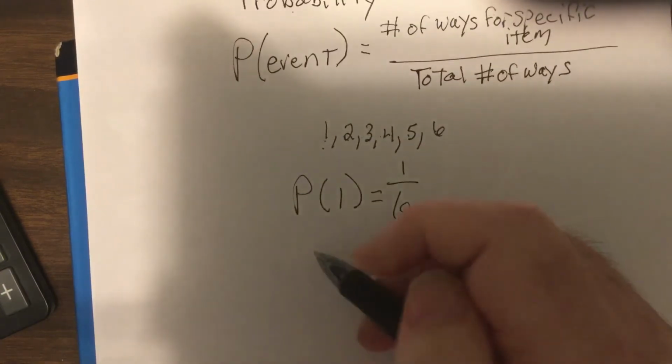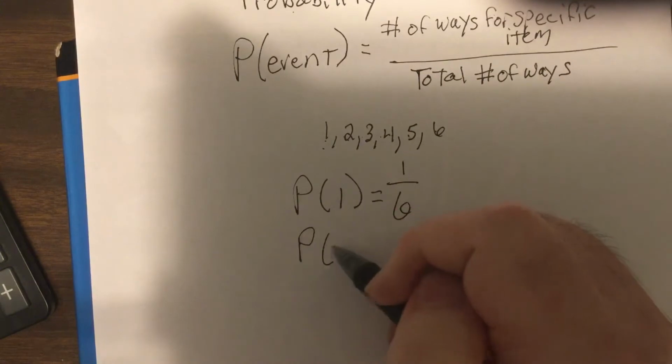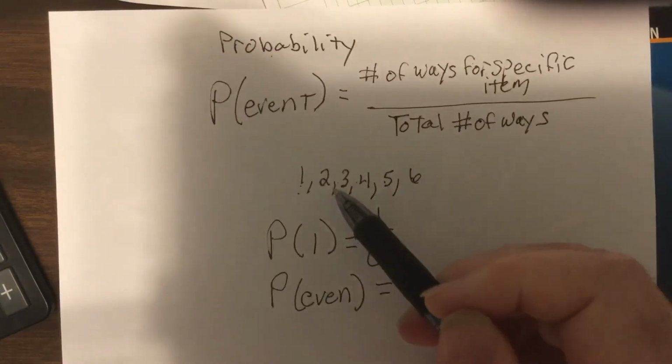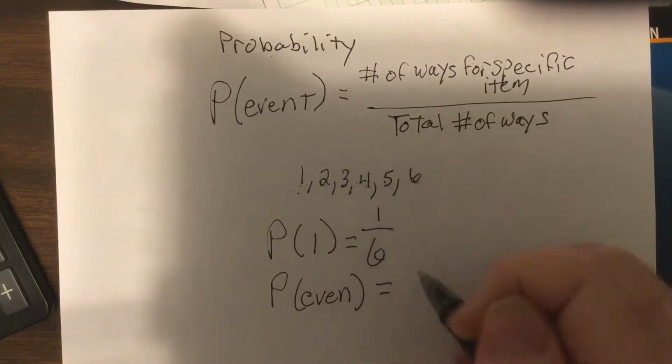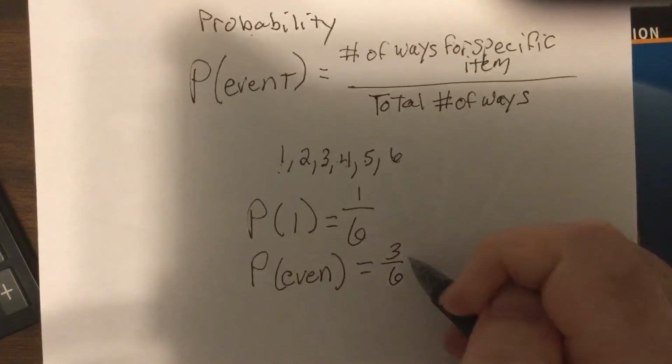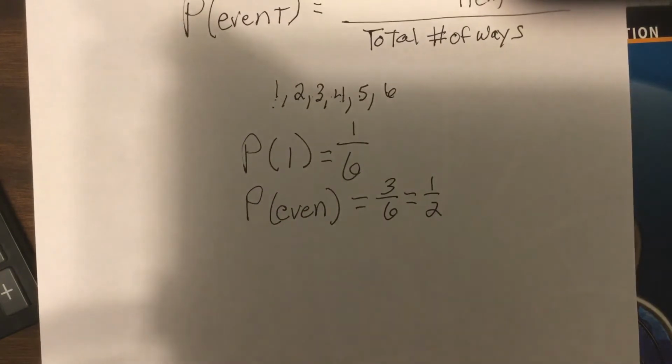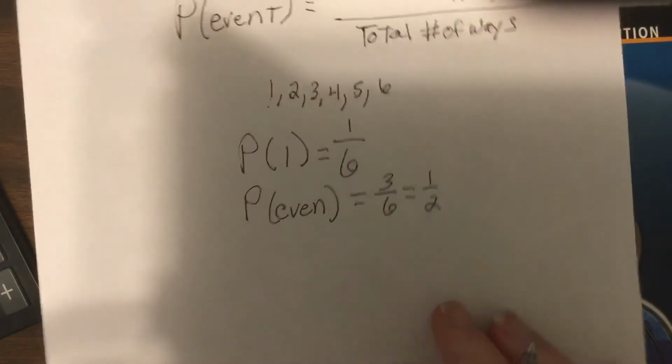So if I said, what's the probability of rolling an even number? Well, how many even numbers are there? 2, 4, and 6. That's 3 divided by 6 things that can be rolled. So 1/2 the time you should get an even number. But again, we're talking about over infinity, over forever, not just 2 or 3 rolls.